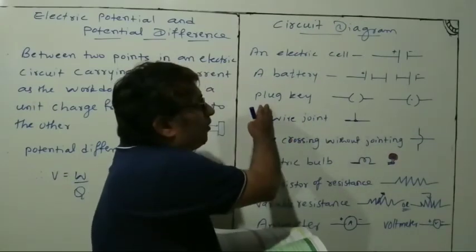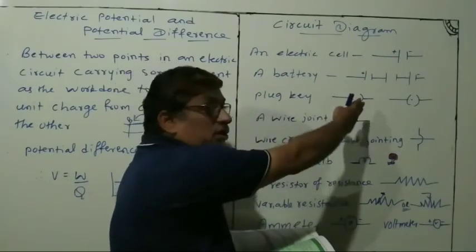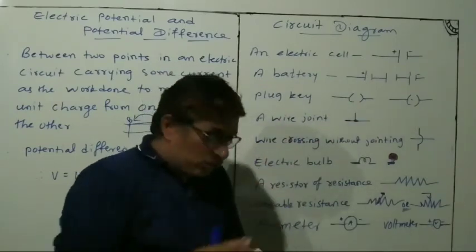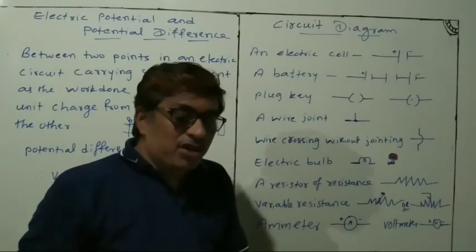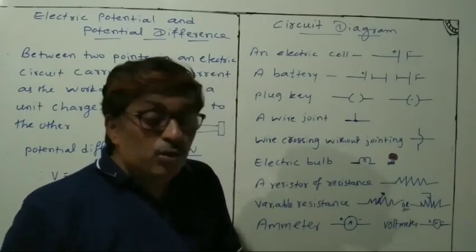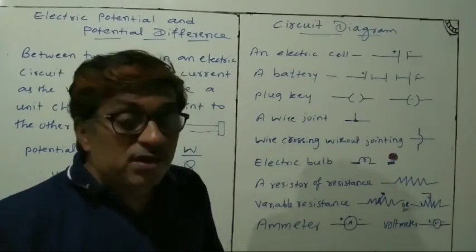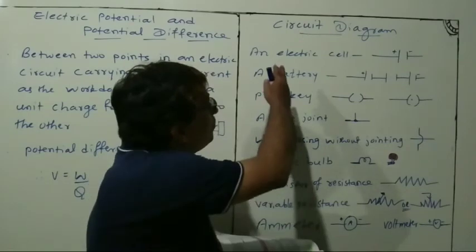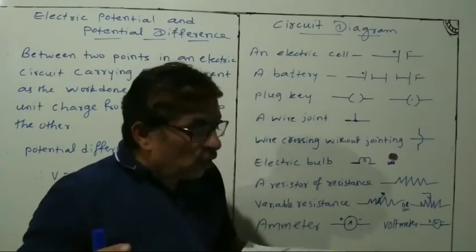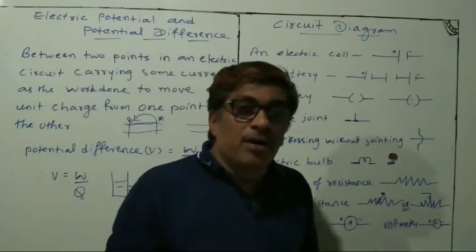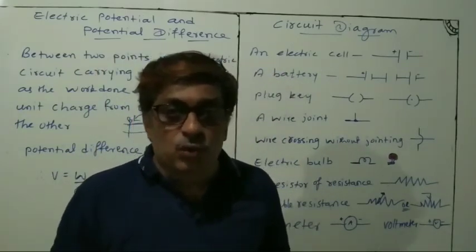Sometimes the name will be given and you have to draw the symbol, and sometimes the symbol will be given. Understood, dear students? You have to remember and practice these.